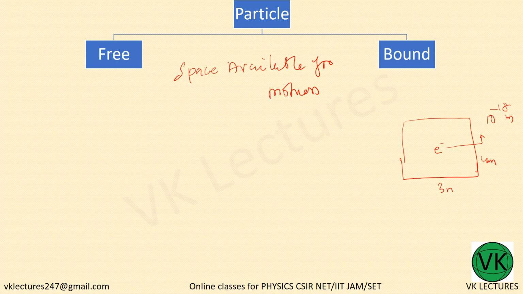And the dimension of the room is 3 meter by 4 meter. So it is never comparable with the size of the electron. So in this case, even though there is gravity and other external forces, this is considered as a free particle.